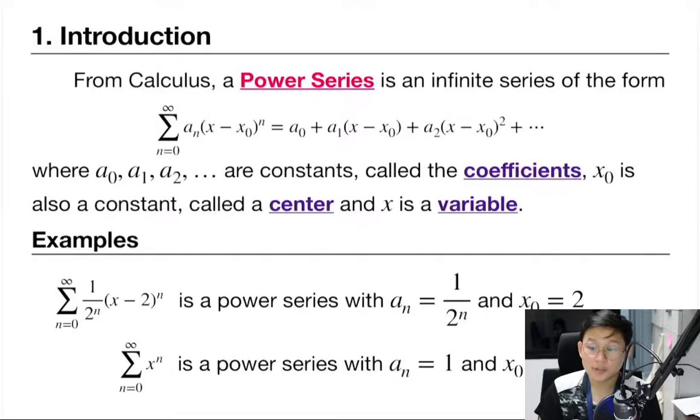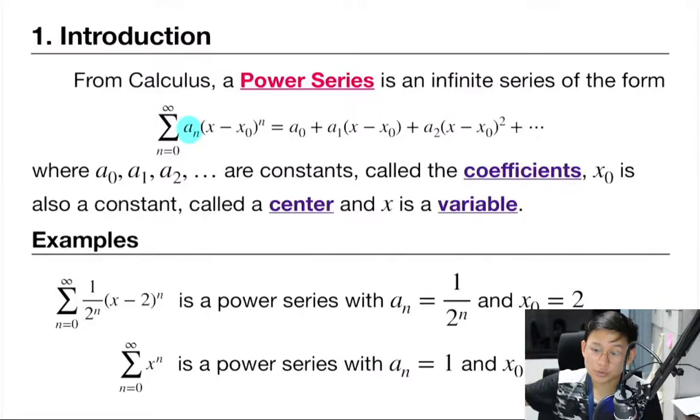From calculus, you know that a power series is an infinite series of this form. Basically you have the coefficients, which are called a0, a1, a2 until an, and until a infinity.